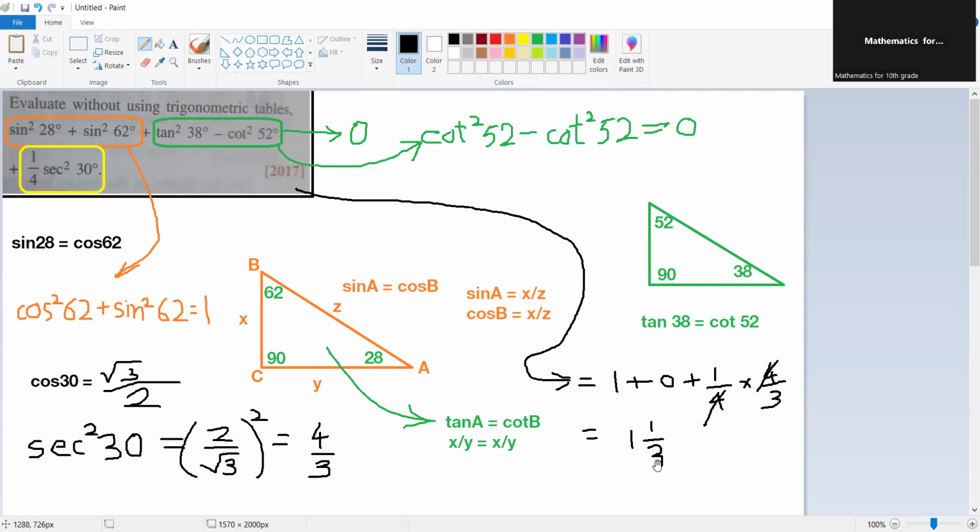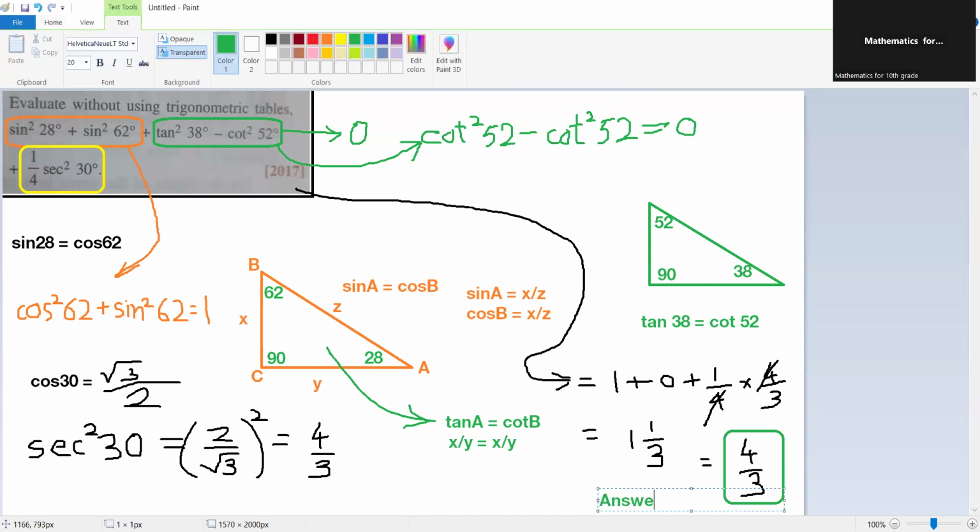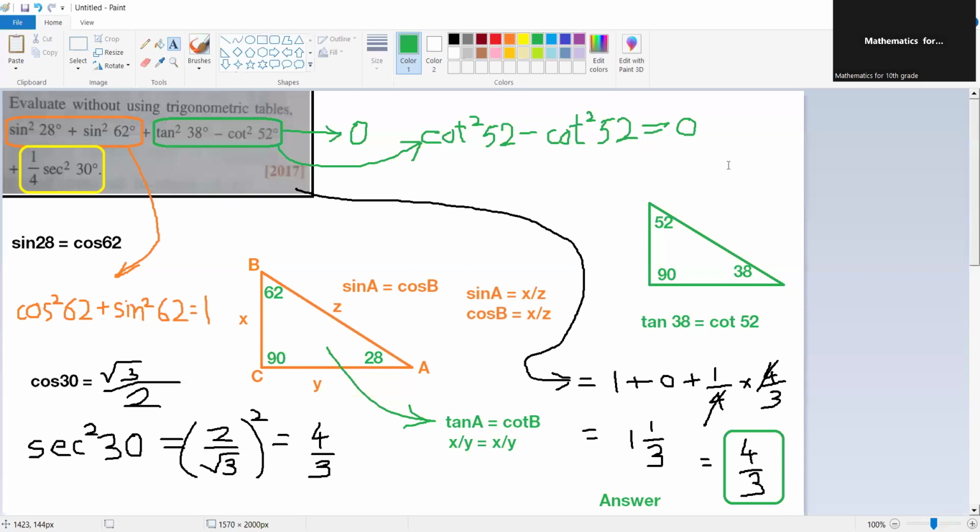We can express this as a mixed fraction, or if we want, we can also write 4/3. That's the answer. Thank you.